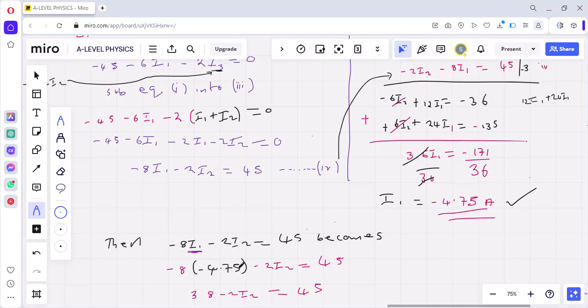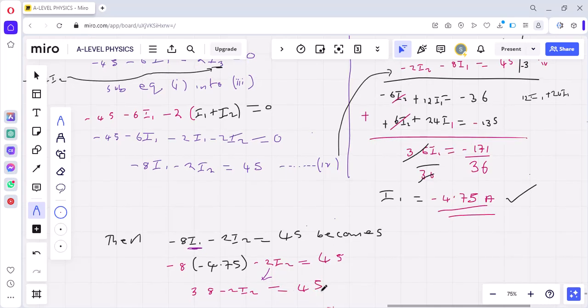Then you just copy minus 2I2 equal to 45. Then you distribute this. So negative times negative gives positive. Then 8 times 4.75 is giving us 38, minus 2I2, which you just drop there, is equal to 45.